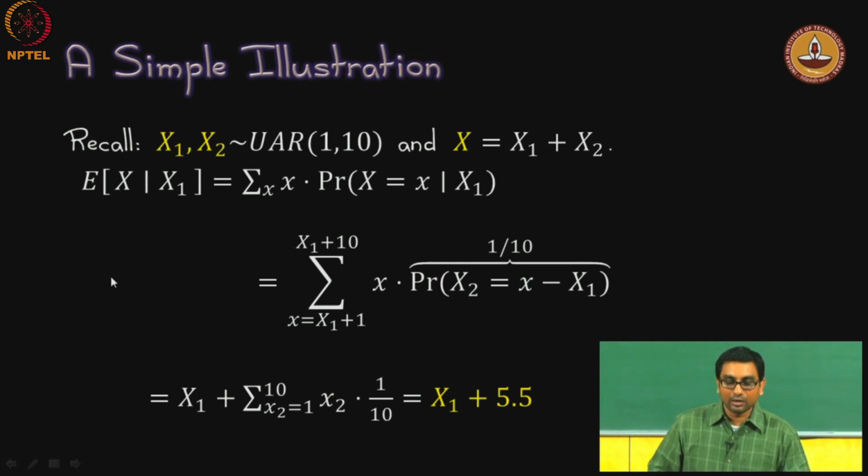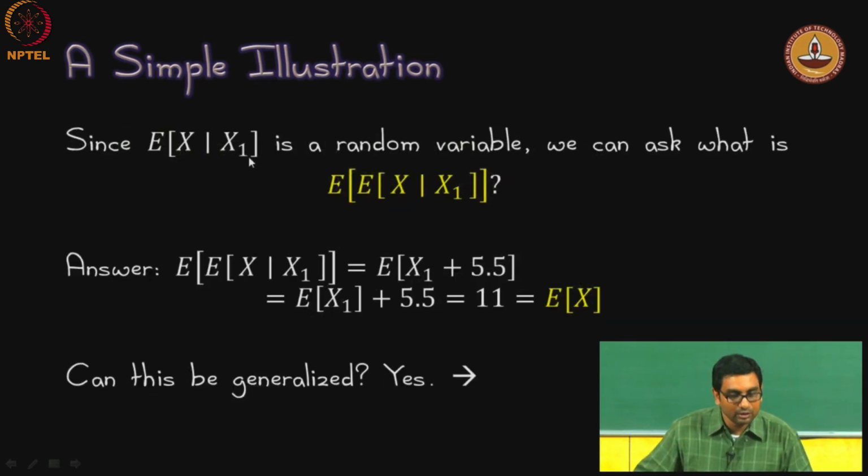I would recommend that you go through the details to convince yourself. Here we notice that this expectation of x given x1, or any of these conditional expectations, is a random variable. So, it is a meaningful question to ask: what is the expectation of the expectation of x given x1? What will that be? Well, let us work it out in this example.